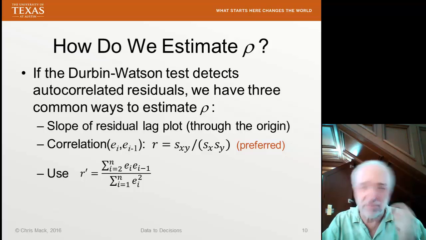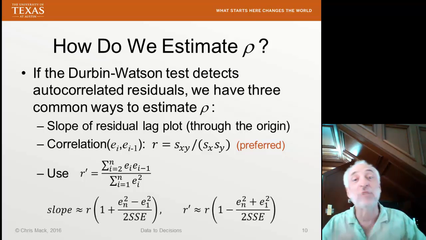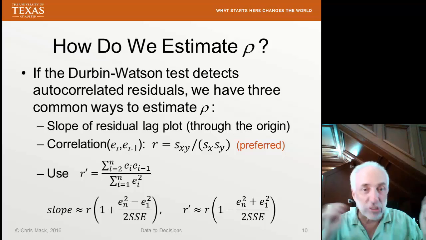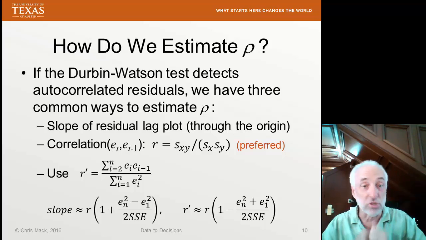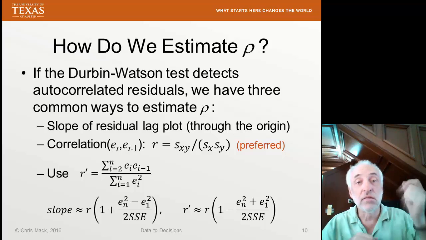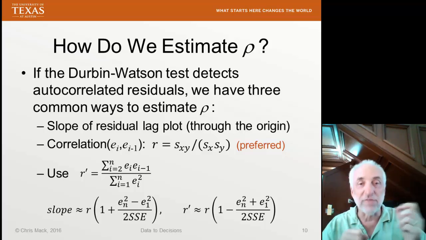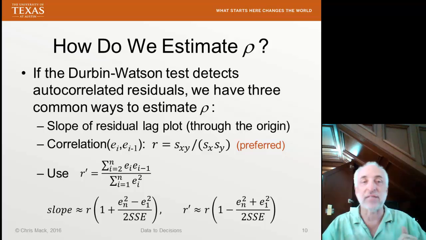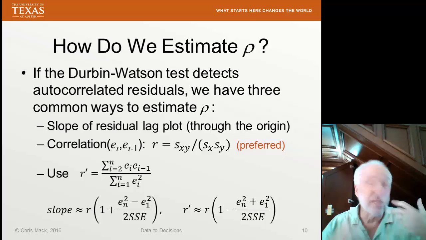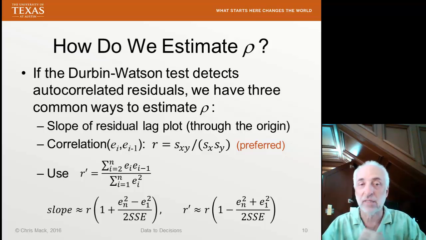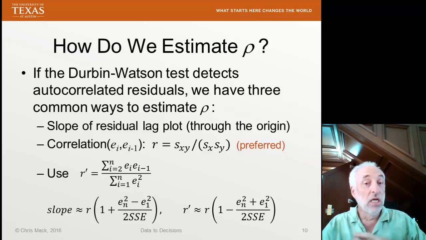They're just little bitty differences. The differences have to do with the endpoints, the first and the last. When I'm looking at residuals with the lagged residuals, we are missing some information about the first and the last data points. We only have n-1 comparisons to make, not n comparisons to make.